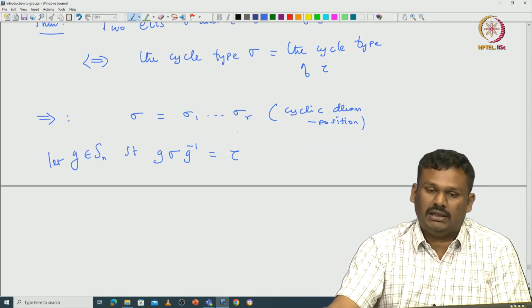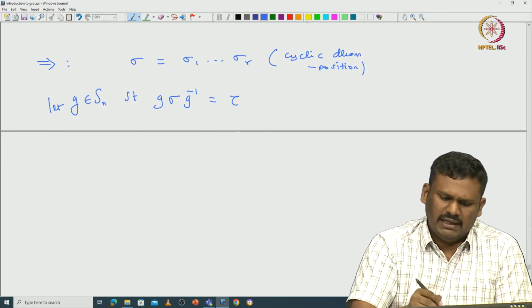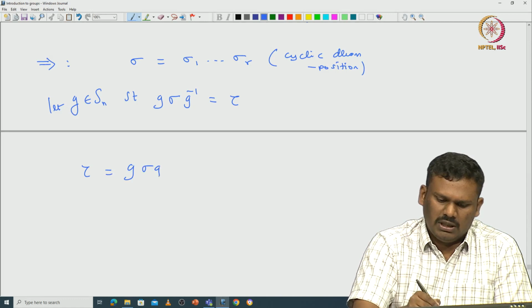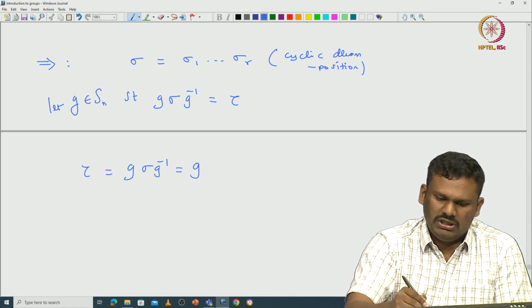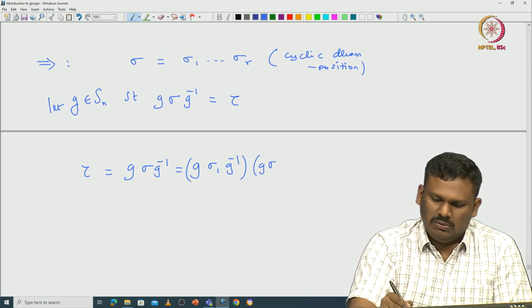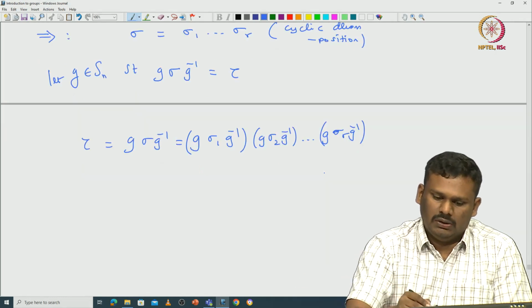So, it is conjugate under this g which comes from S_n. Then it is clear that tau is exactly equal to g sigma g inverse, which is exactly equal to g sigma_1 g inverse times g sigma_2 g inverse and so on, up to g sigma_r g inverse.